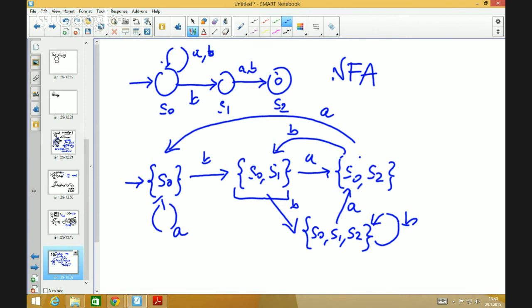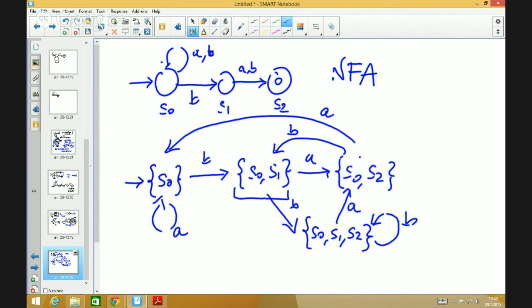Well, not quite, because we need to decide where the accept states are. Now, the mantra is the following. You go through all the sets of states that you've generated. For each one of them, you ask, is there some accept state in there? If the answer is yes, you mark that as accept.